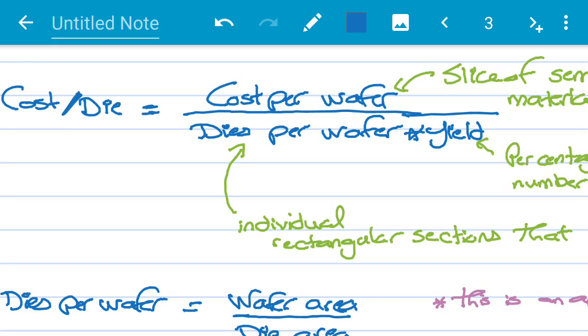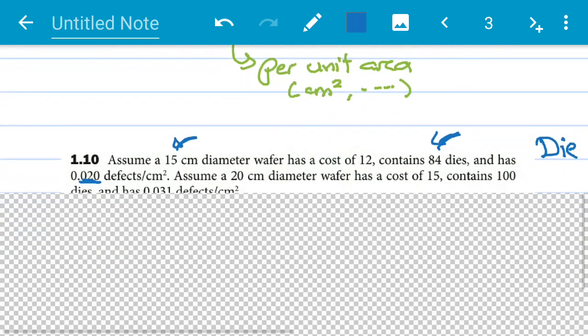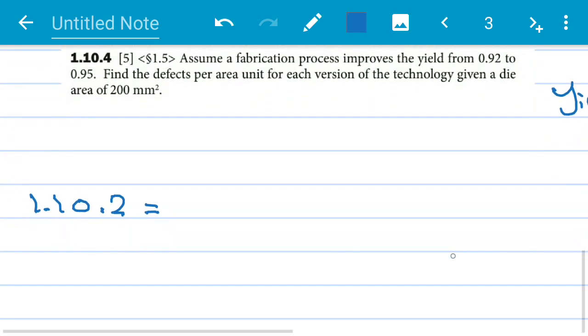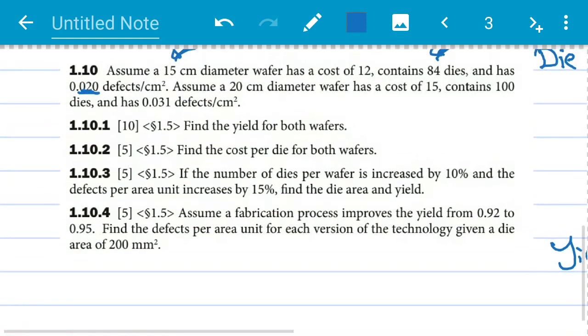We said that the cost per die is the cost per wafer over dies per wafer times the yield. What's the cost per wafer?